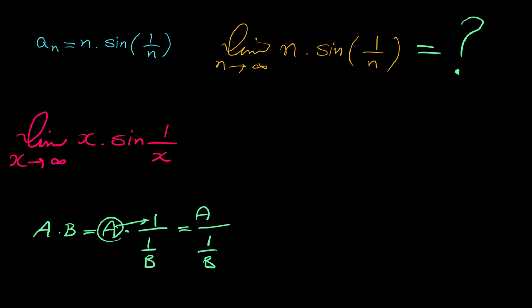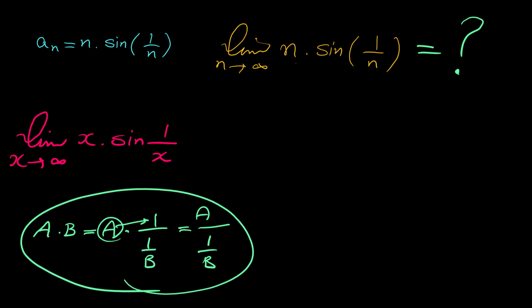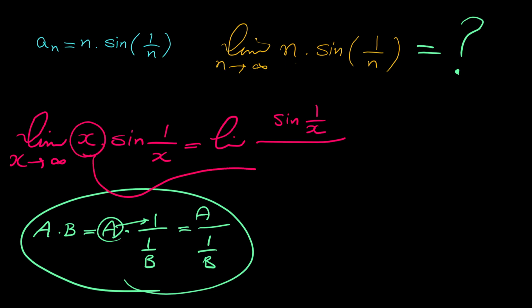So based on this, we can write this as the limit of, we keep sine because sine is a complicated expression, sine of 1 over x in the numerator, and we move this to the denominator and we write that x as 1 over x, or in another way we can say x to the negative 1, which makes sense because if we move x to the negative 1 back to the top, it would be x to the 1, which is this.